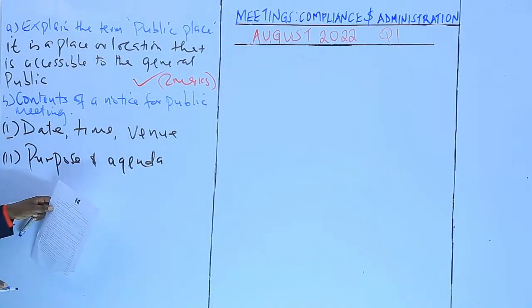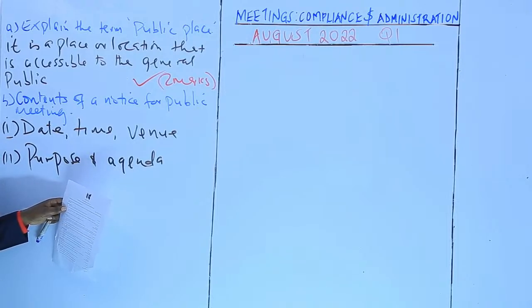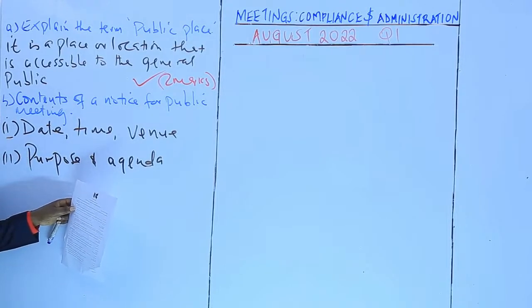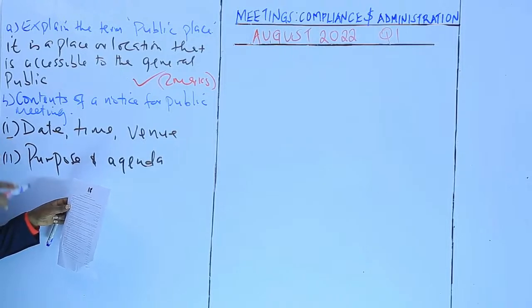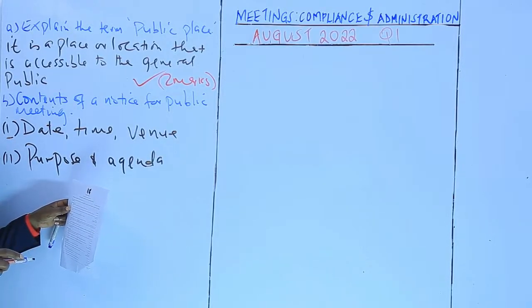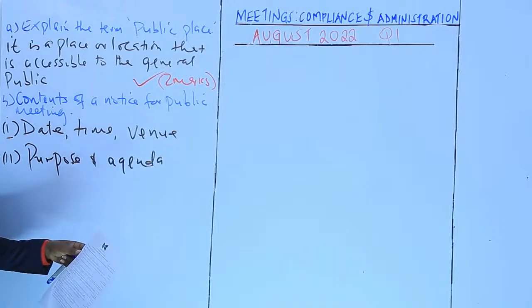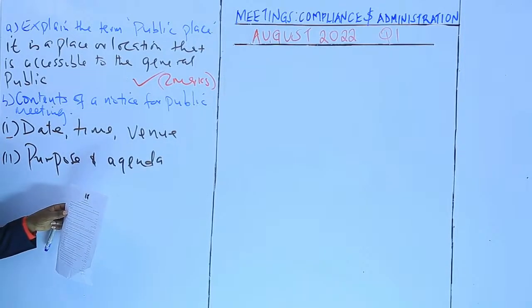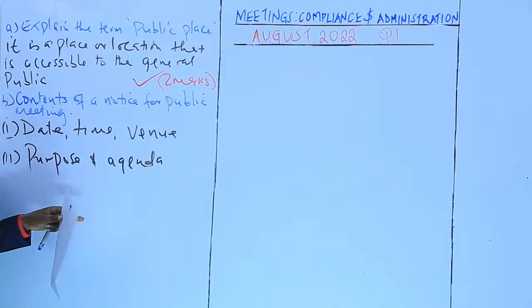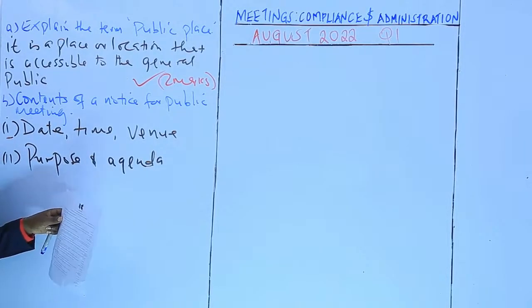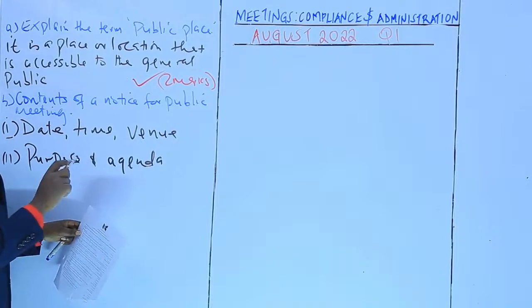The purpose of the meeting and the agenda. The notice should outline the purpose of the meeting and provide an agenda listing the topics or issues to be discussed, because that helps attendees understand the focus of the meeting. It also helps the attendees to prepare accordingly. Purpose and agenda.